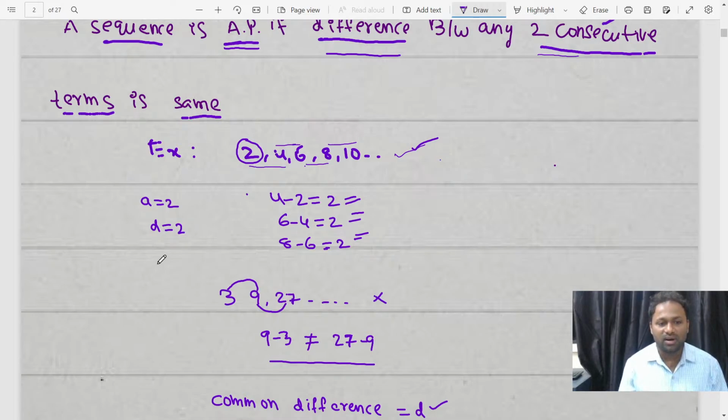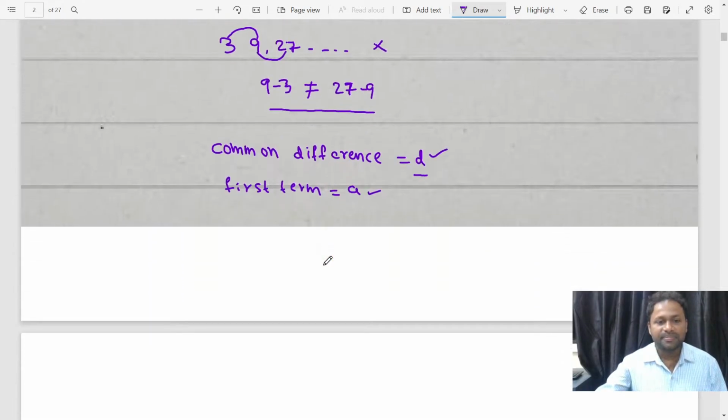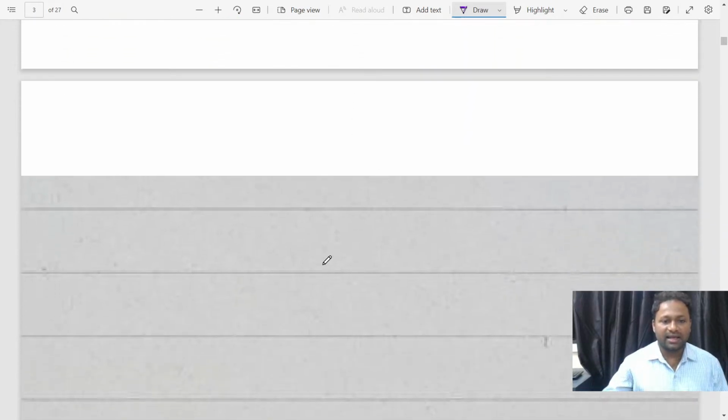Moreover, we have already discussed in sequence, this is called the first term, the second term, the third term, the fourth term, and so on, right? Here we can write the first term T1 as A. Next, the common difference is called D. So what is the standard form of the arithmetic progression?